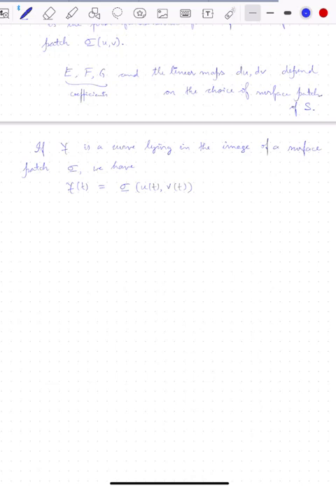And of course, here the arguments of sigma are themselves functions of the parameter t. So this will be for some smooth functions which are u of t and v of t.